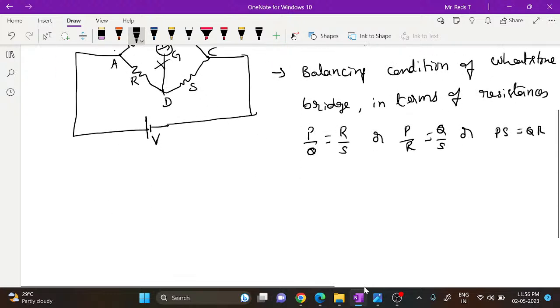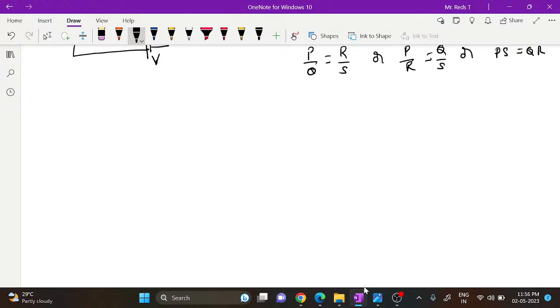But what does unbalanced Wheatstone bridge mean? Let us see now. Unbalanced Wheatstone bridge.